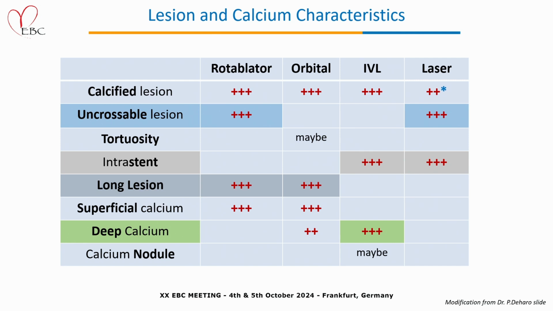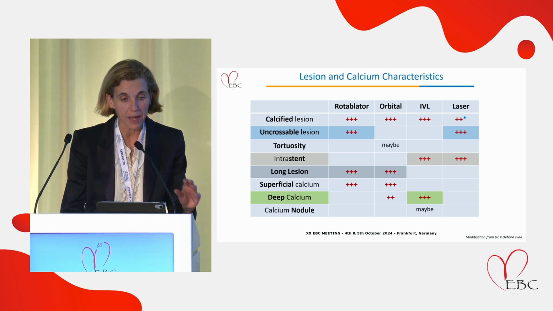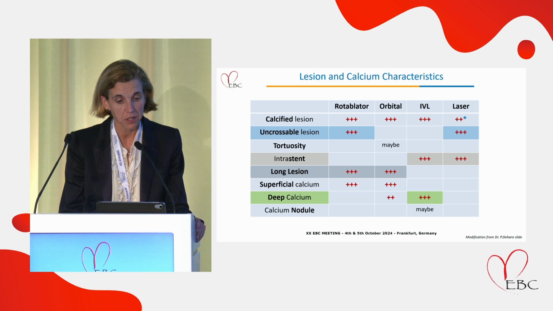But maybe for deep calcium and concentric calcification, IVL shows better results. But there are a lot of things we don't know. For calcified nodules, we don't have a lot of information. In tortuosity and calcification, there is always a risk. All devices have some risk in tortuosity when we combine tortuosity and calcification.